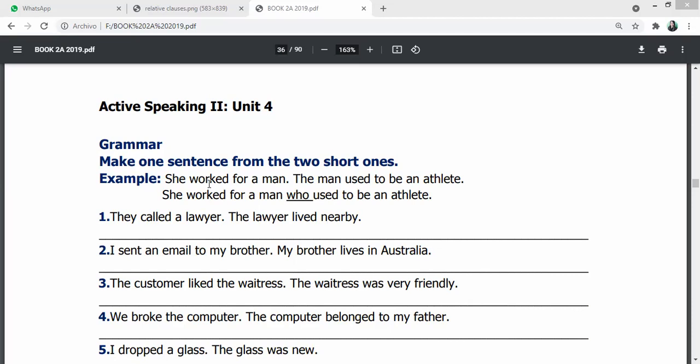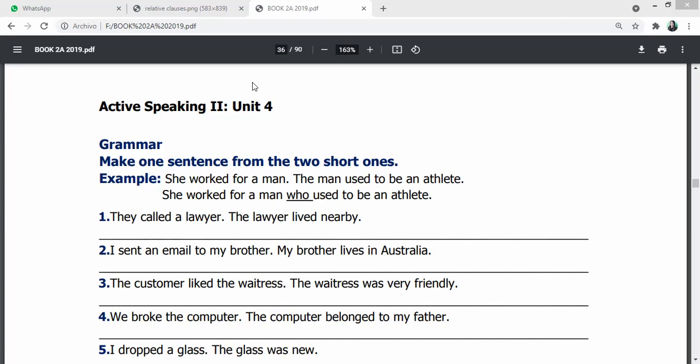Okay, I mean non-defining relative clauses. How to use them? To add information about someone or something. Okay, thank you so much. To add extra information about someone or something.